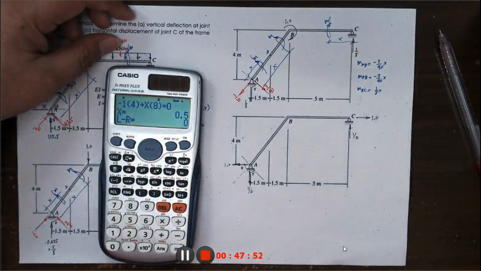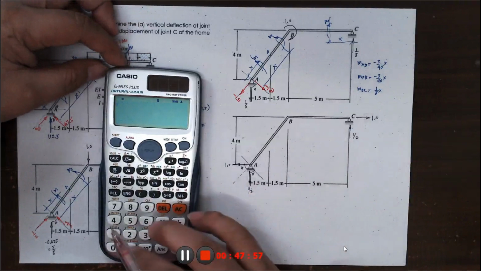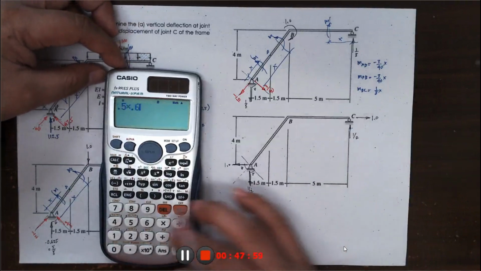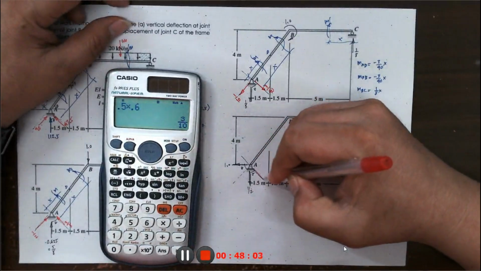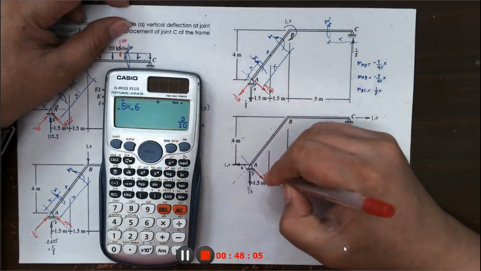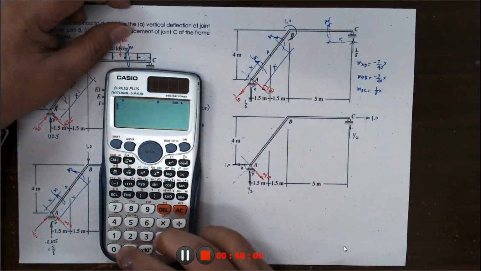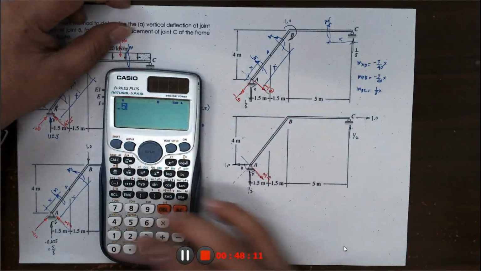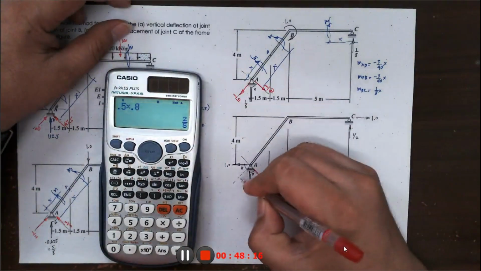Okay. So, sige. 1/2, 0.5 times 0.6. 3/10 is that. And then 1/2 times 0.8. 2/5.